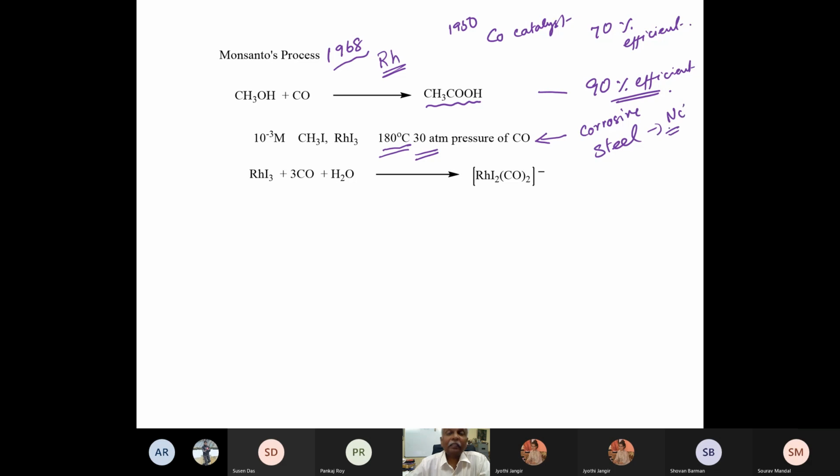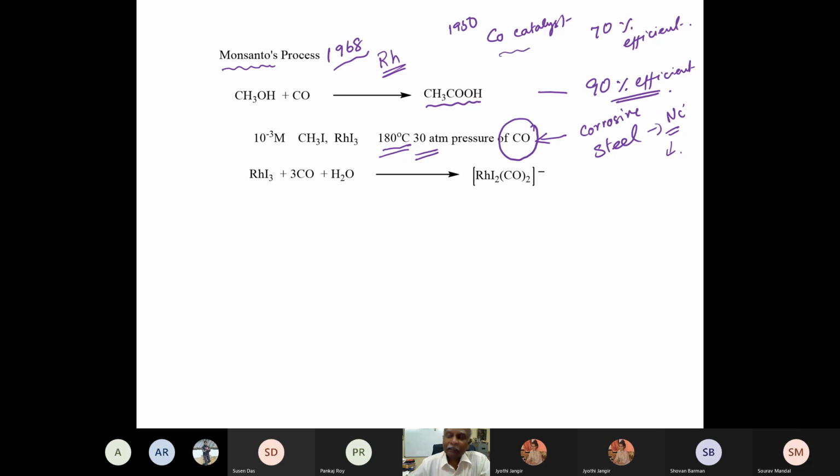So you need a special alloy of iron in order to construct a vessel which will hold carbon monoxide under high pressure, which will not have nickel, because nickel will form Ni(CO)4 and it will weaken the cylinder, and essentially you will have an accident. So carbon monoxide handling at high pressures is a major challenge, and the Monsanto process had to overcome that, and so did the cobalt catalyst.